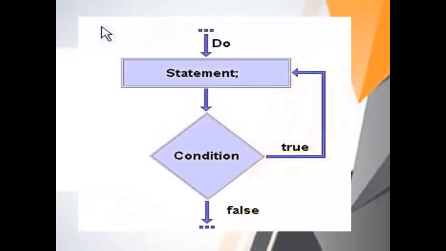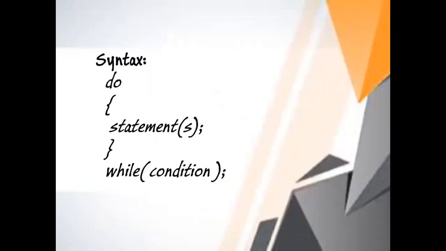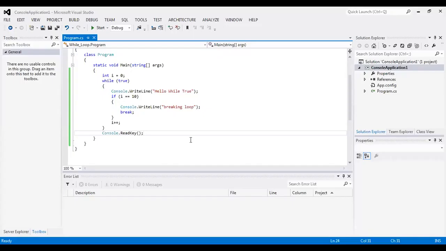So this is the structure for the do while loop. So the syntax of do while loop. So let us again try the example for do while loop. Let us go back to our Visual Studio. Same project. Let us just change some part.